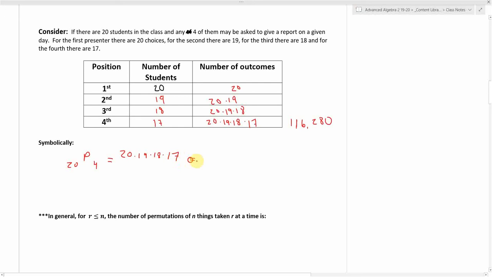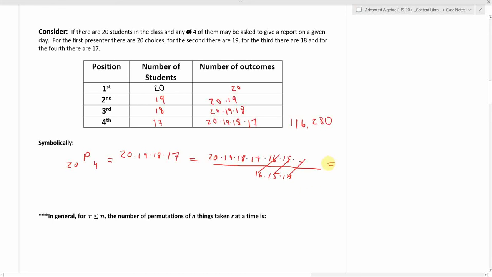If we think about this a little bit awkwardly here, I'm going to overcomplicate it for a minute to see how this formula can work. Really what we did is 20 times 19 times 18 times 17. I could say that I actually multiplied this by 16, by 15, and so forth, but then divided out the 16 and the 15 and the 14. This would just be repetitive things that I'm canceling out.